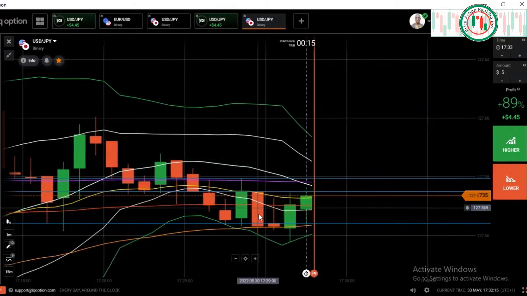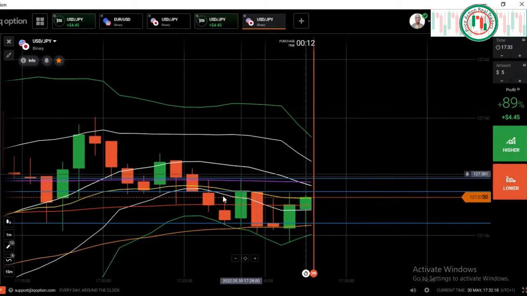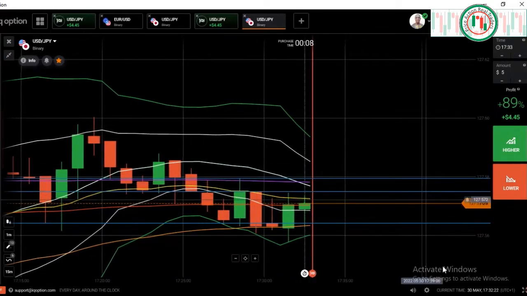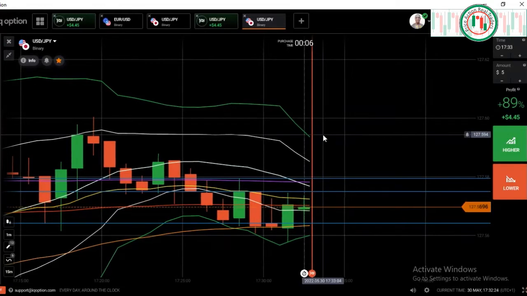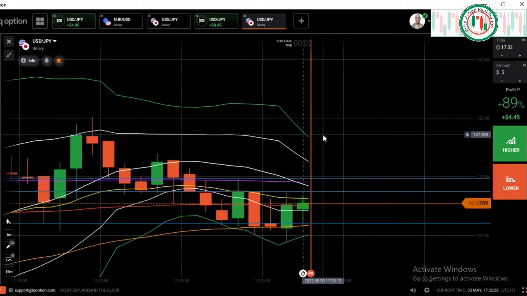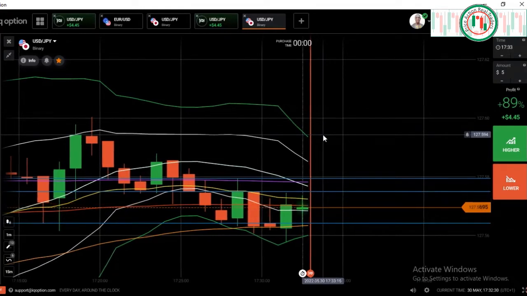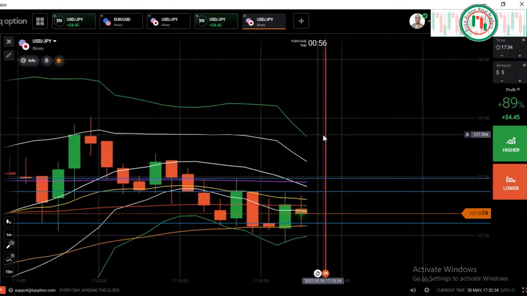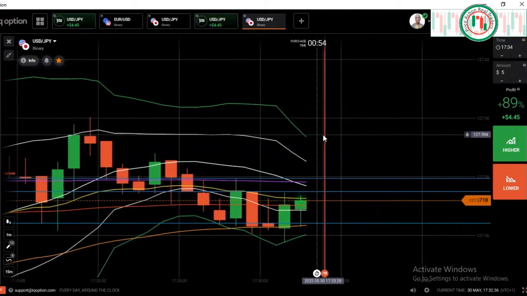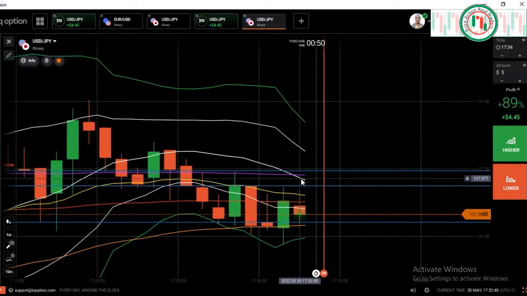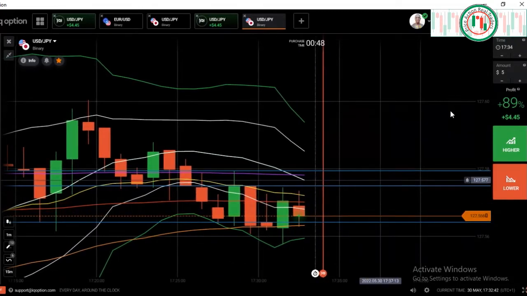And you see here is another engulfing, engulfing, another engulfing. So if market closes at this zone, I'll place put option again. If market closes inside here, I'll place put option.